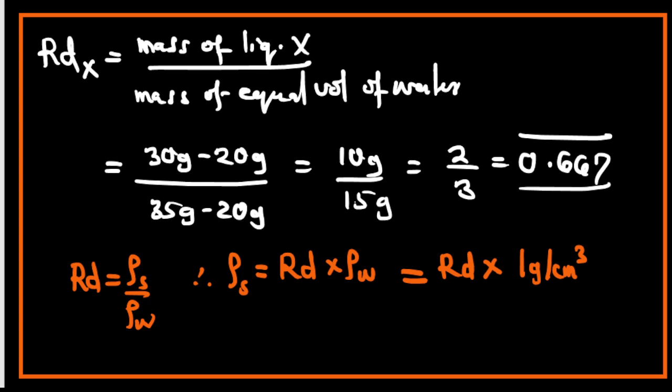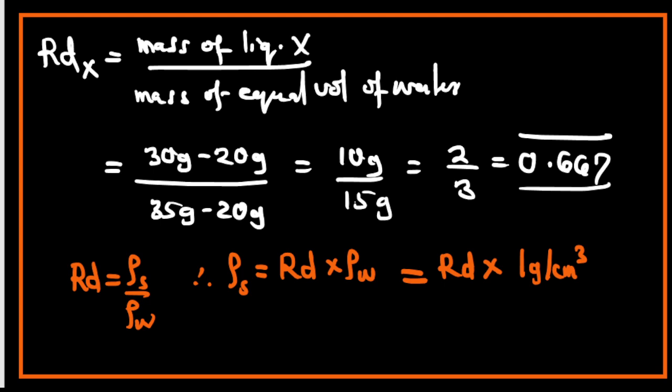Don't forget, RD has no unit, but density itself has a unit. So if the RD of this substance is 0.667, then the density of the substance is also 0.667, but you have to now put a unit of gram per cm cube. Please take note of that.